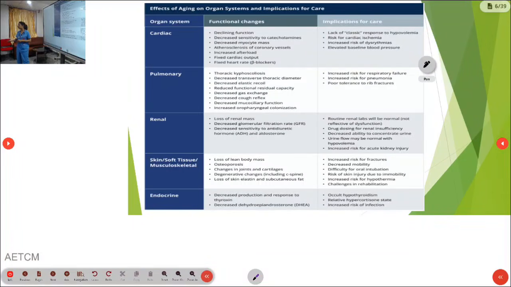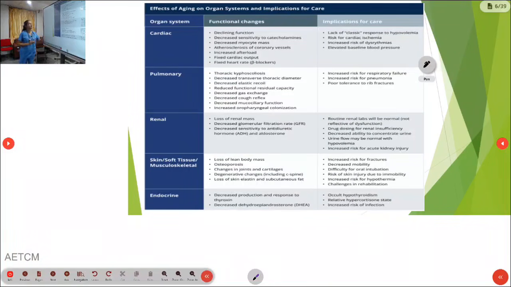Mostly if the patient already has CAD and is on a beta blocker, there will be a fixed heart rate. This implies a lack of classic response in our care. Because of the beta blocker, there will be a fixed heart rate and fixed cardiac output. The classic response of hypovolemia, that is tachycardia, won't be seen in this patient. The risk of cardiac ischemia will be higher, with increased risk of dysrhythmias and an elevated baseline blood pressure due to atherosclerotic changes.